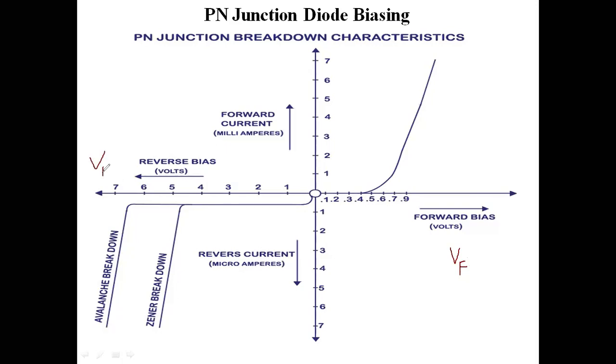This current is the forward current, which I can represent as IF, and I can represent this current as IR.